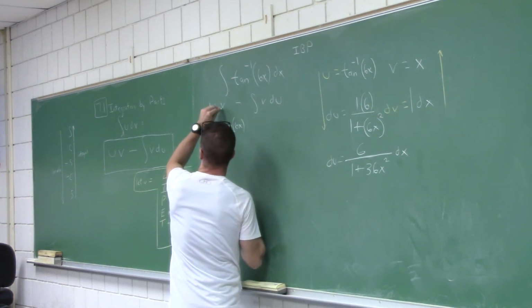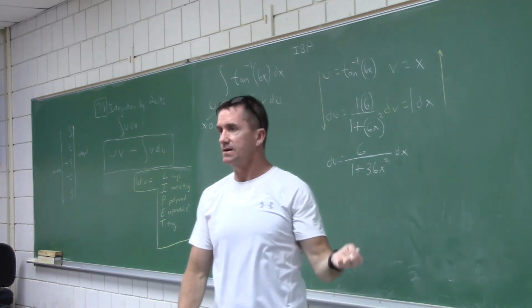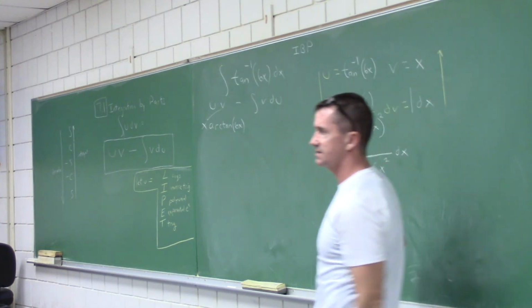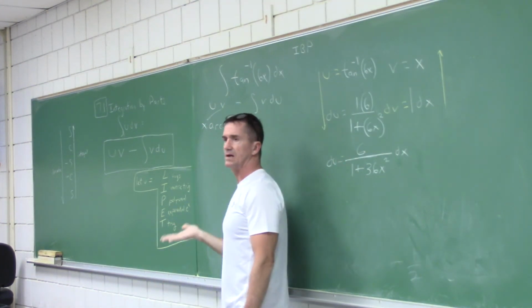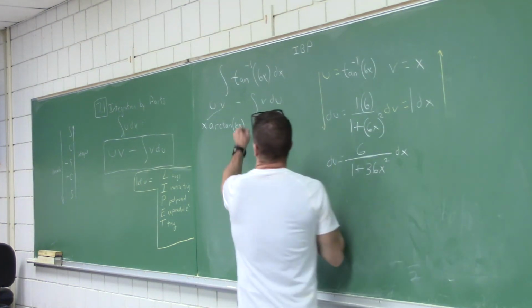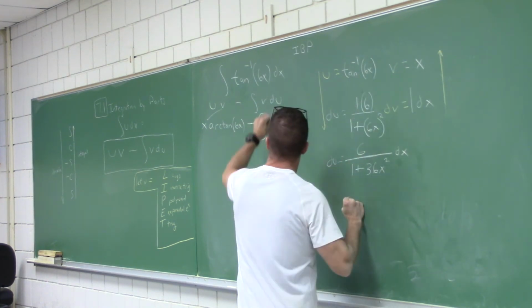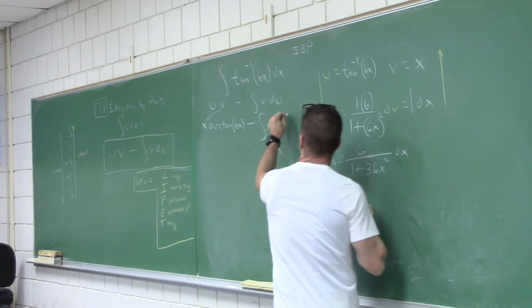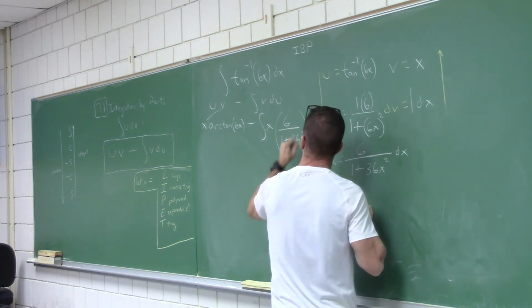I'm going to put the v right here in front of it. x arctan of parentheses 6x. I did put the parentheses around the 6x because if I don't, you might think I just have arctan of 6. Minus the integral of x times, here we go, 6 over 1 plus 36x squared.